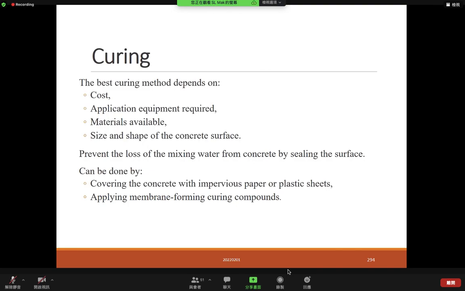How do we select the best curing method? Based on several factors such as cost, application, equipment required, material available, size and shape of the concrete surface. Prevent the loss of moisture from the concrete by sealing the surface. It can be done by covering the concrete with impervious paper or plastic sheet and applying membrane forming curing compound.